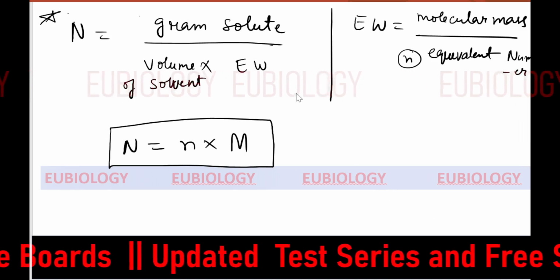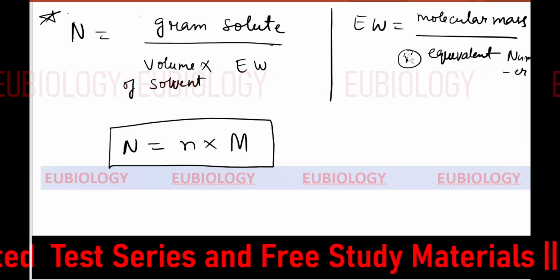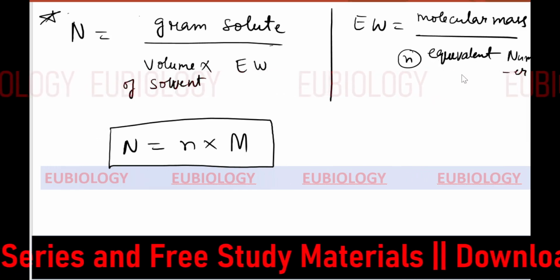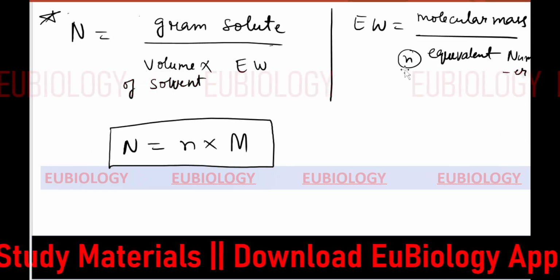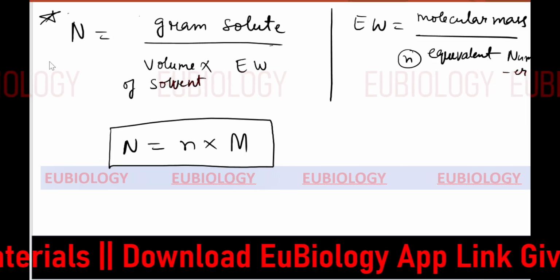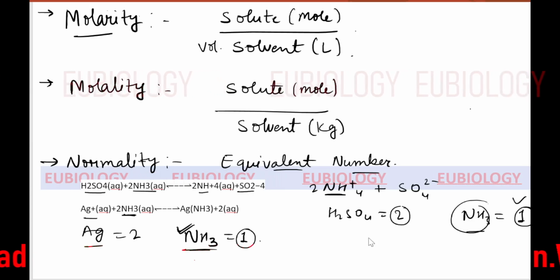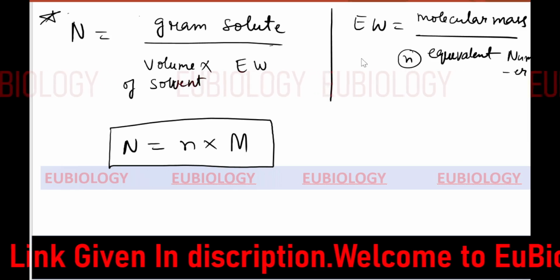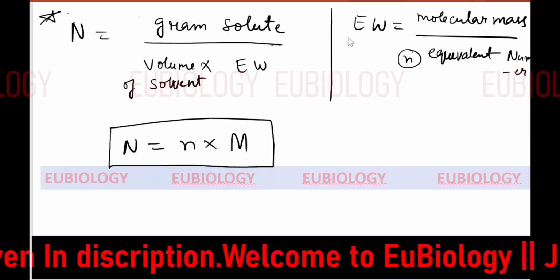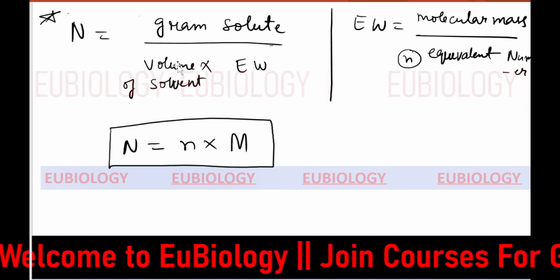So what does equivalent weight mean? Equivalent weight is the molecular mass divided by the equivalent number. Now this is a new term. What is it? The equivalent number is the same number you saw before, which divides the molecular mass, and that gives you the equivalent weight.